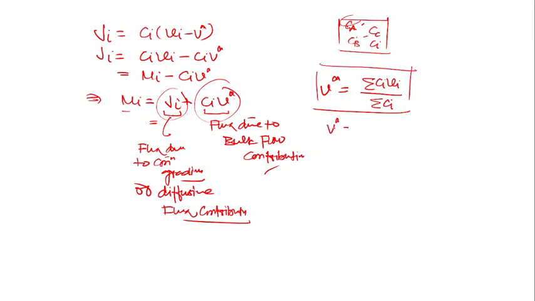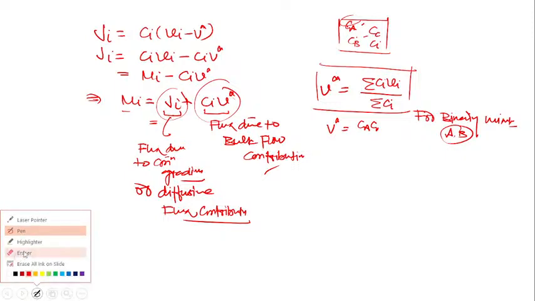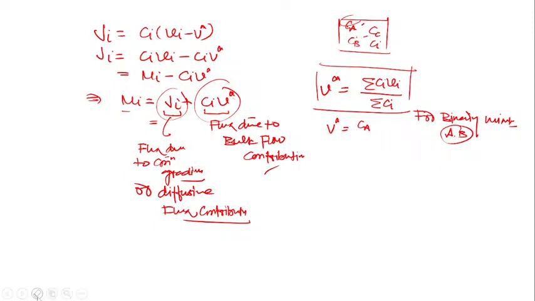Means V star, for a binary mixture, means if in the mixture only 2 components are there, A and B, I can write V star as Ca times Va plus Cb times Vb upon Ca plus Cb. Clear? This is V star, the average velocity.